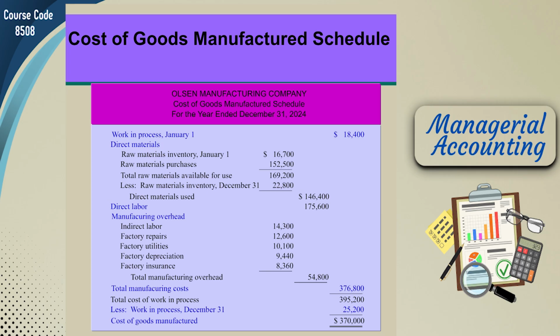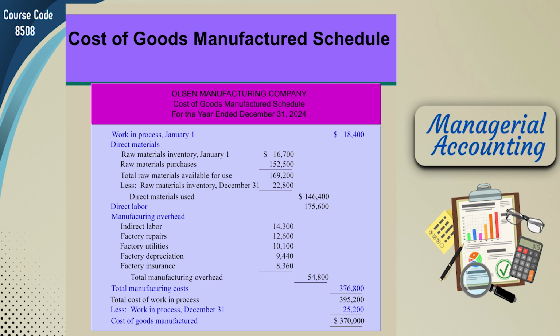In this way, by adding the direct material cost, direct labor cost, and overhead cost, we will get the total manufacturing cost here, that is 3,95,200.